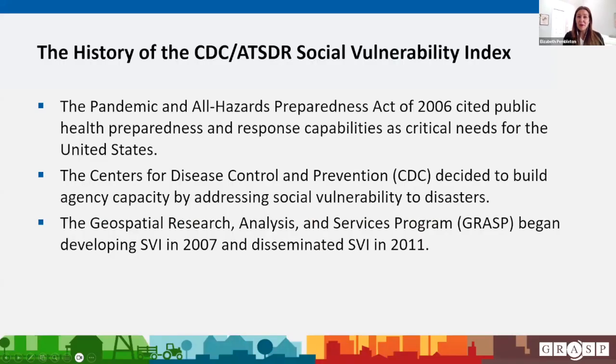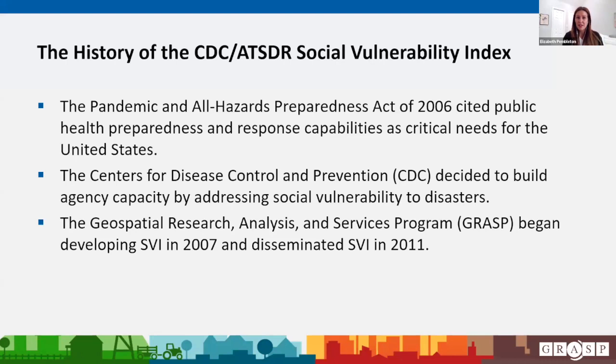For a bit of history, what came to be known as the Social Vulnerability Index was created in accordance with the Pandemic and All Hazards Preparedness Act of 2006. This act cited that public health preparedness and response capabilities were critical needs for the nation. When this act was signed into law by the president, it was a mandate to which all federal agencies were tasked to comply.